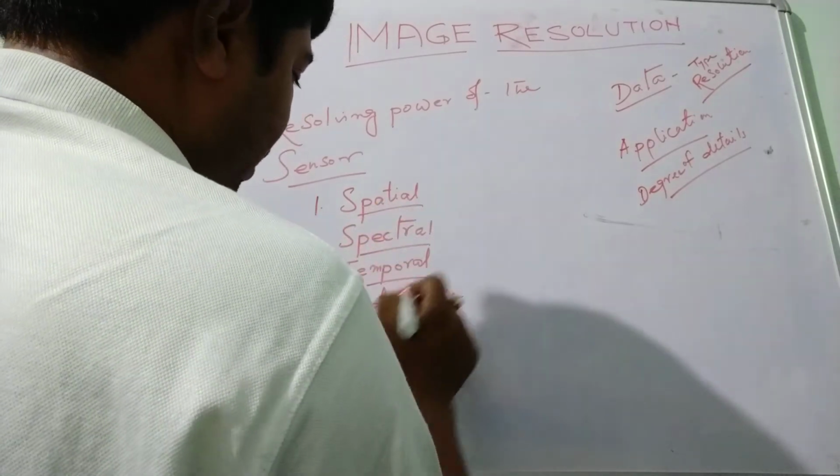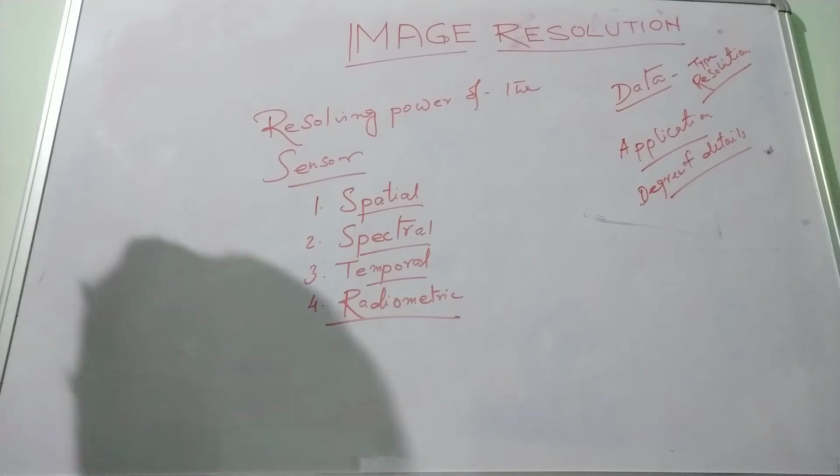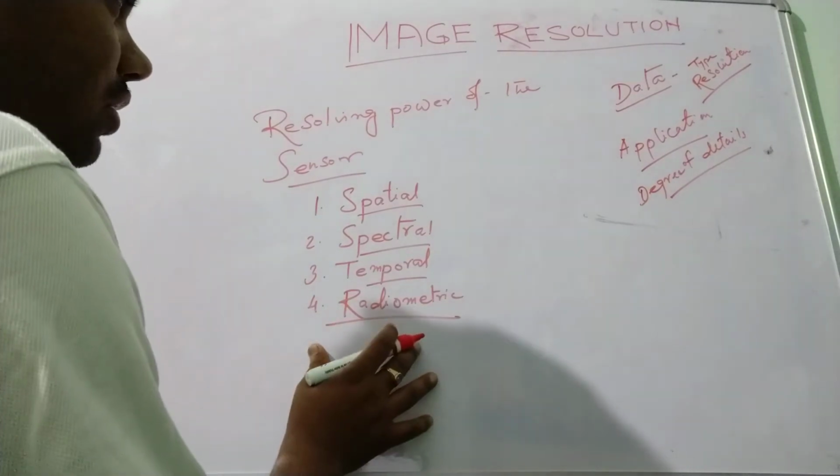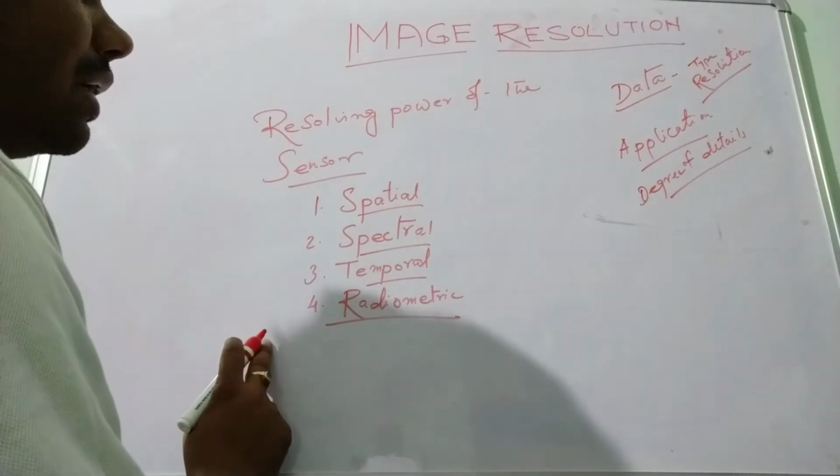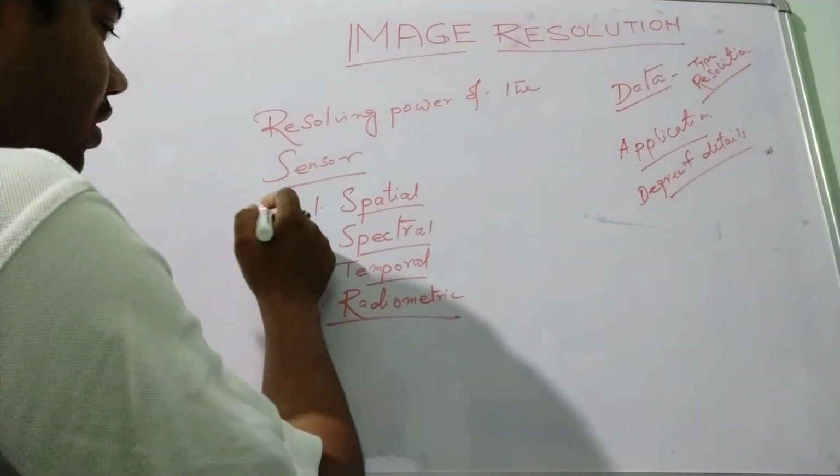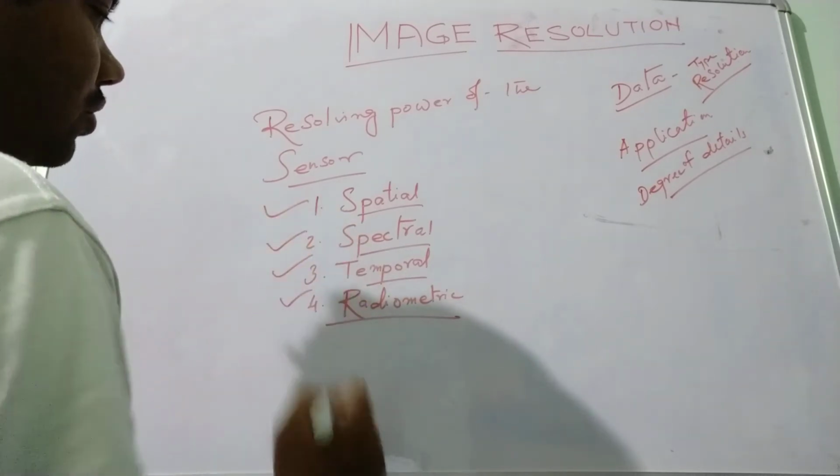Each of the resolutions has some basic advantages and applications, and we choose our image data based on these 4 types of resolution. So I will come to them one by one.